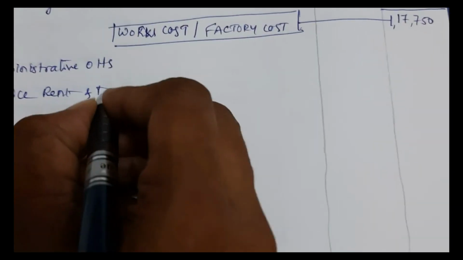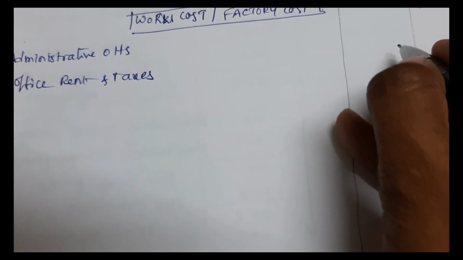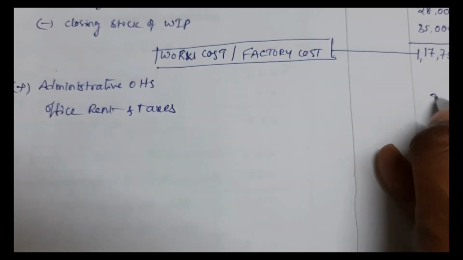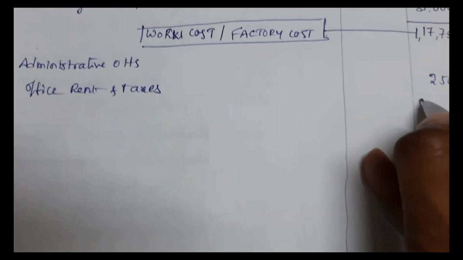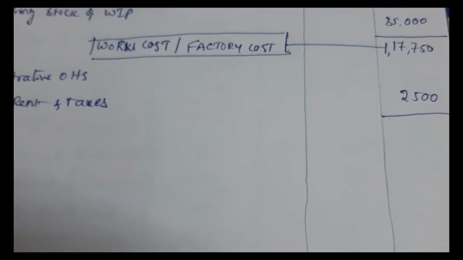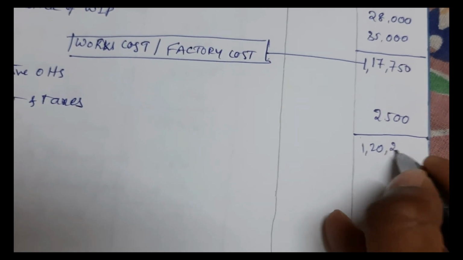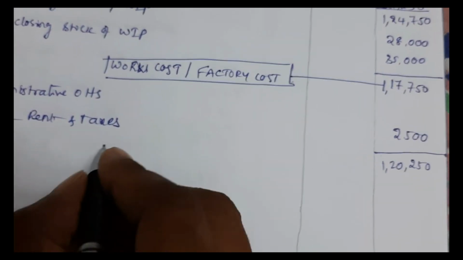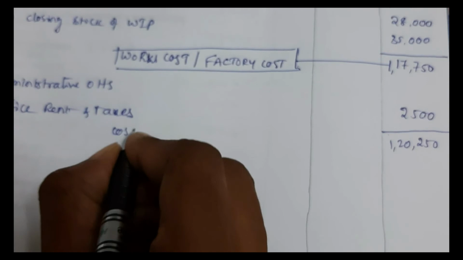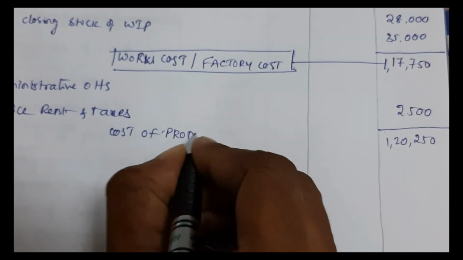Office rent and taxes 2,500. Now we will get 1,20,250, which is known as cost of production.